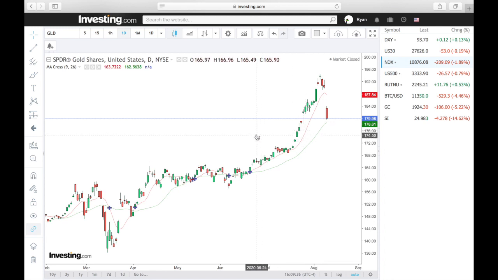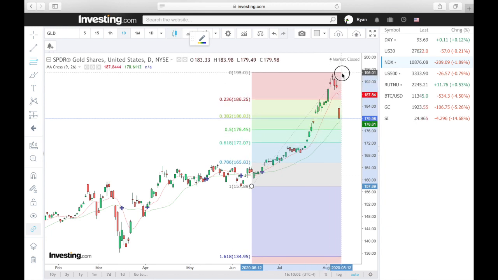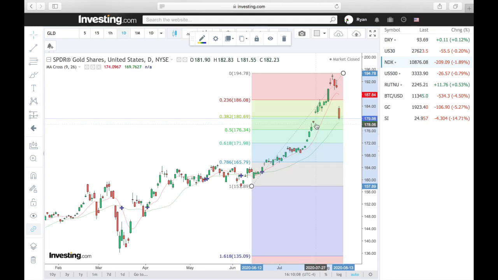In terms of Fibonacci, let us go do a retracement. We'll start off at the lows here. So currently it's hitting the 38% retracement, exactly right on the nose. This can be a point where gold wants to bounce off from, but let's keep in mind the other possibilities.